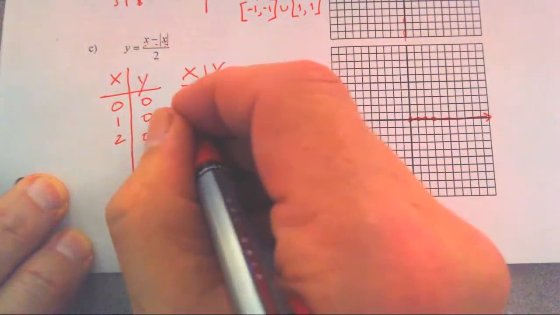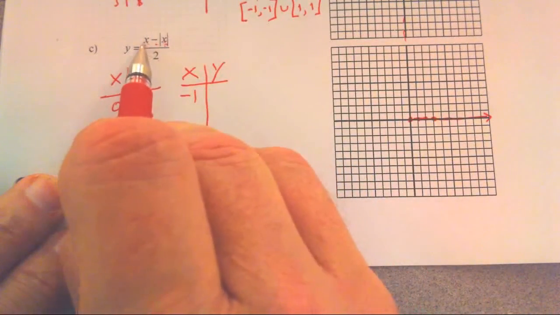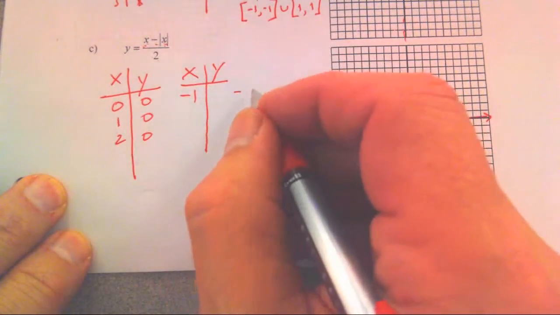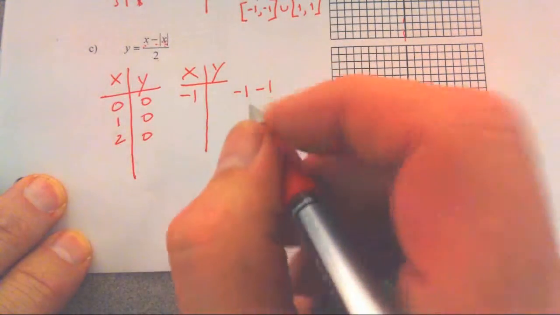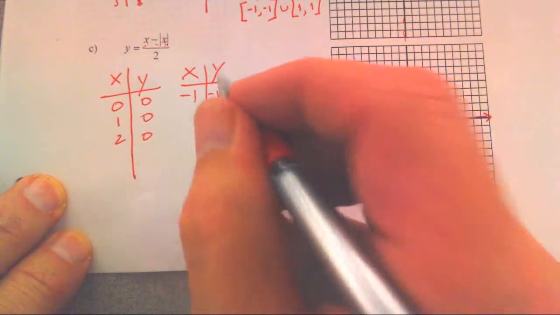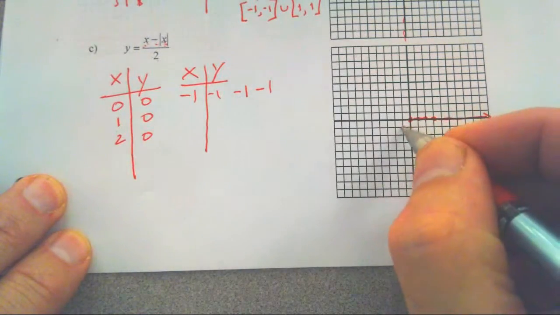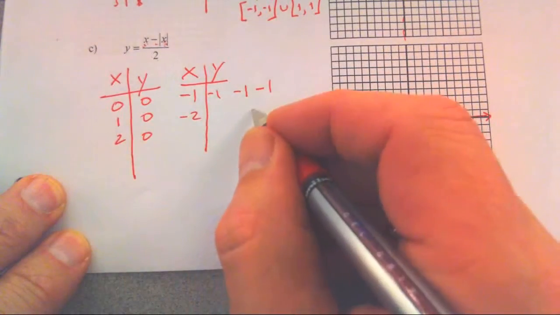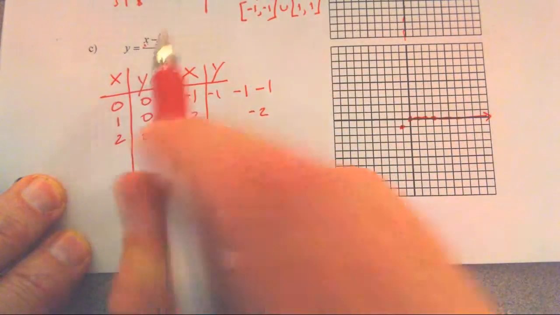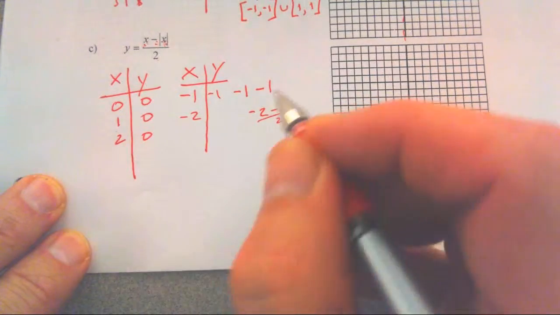So let's go to negative 1. I get negative 1 minus, the negative 1 comes out here as a positive, I get negative 2 on 2, negative 1. Is that all right? Let's put in negative 2. I get negative 2 minus positive 2, all on 2.